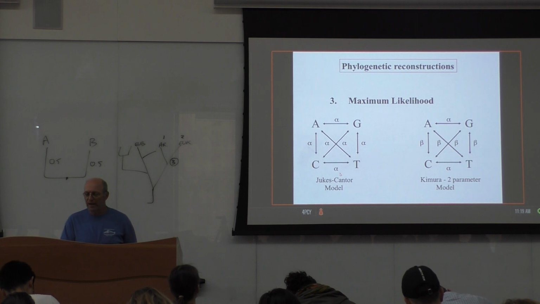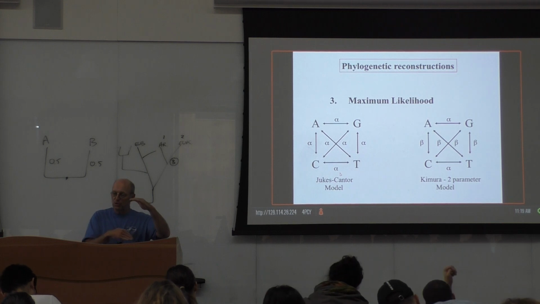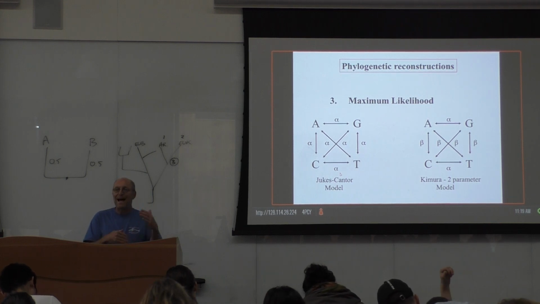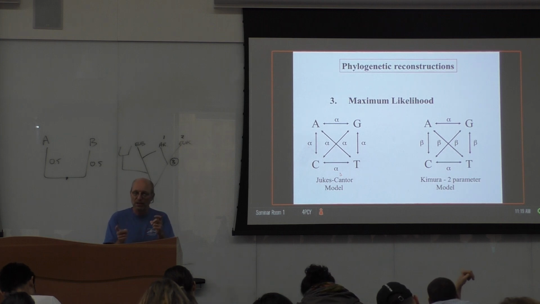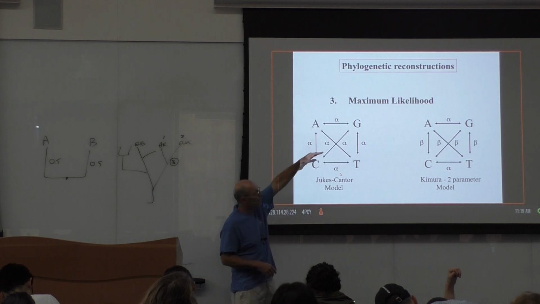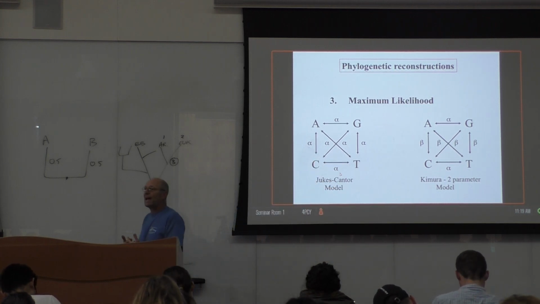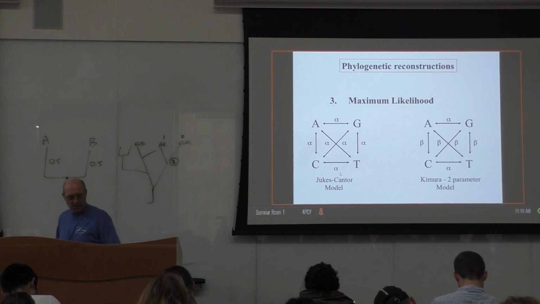So the chance for A to turn into a G, a G into an A, or a C into a T and a T into a C is alpha. And this is to turn from a purine into a purine, or a pyrimidine into a pyrimidine. These are the two top ones, the top one and the very bottom one. These are very, very likely to occur. These are called transitions.